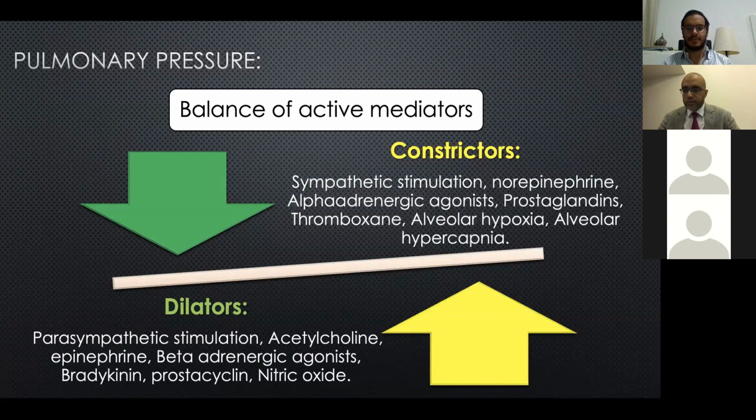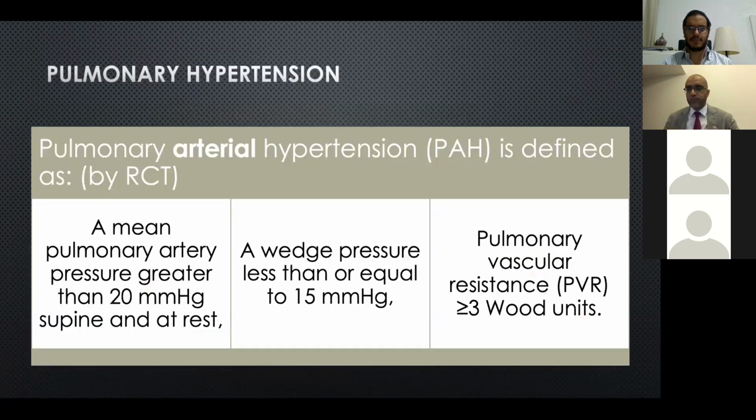And this is the maintenance also of higher concentration of nitric oxide, prostacyclin, bradykinin, and even here the beta adrenergic agonist causing dilatation, not constriction, as happening in the peripheral circulation. All of these factors plus the anatomical factors that maintain a normal pulmonary artery pressure at 1/5 of the systemic circulation.